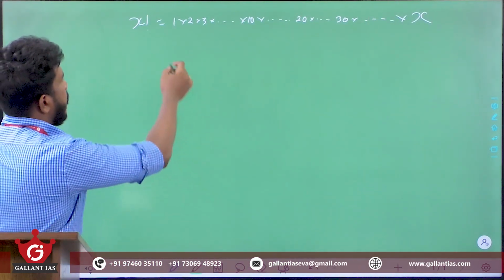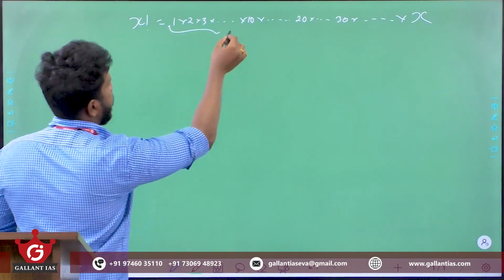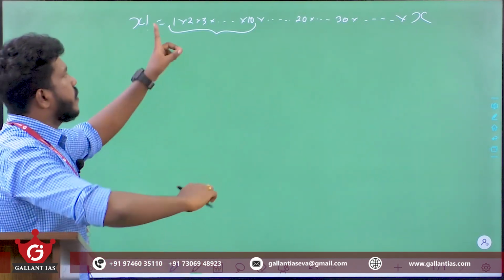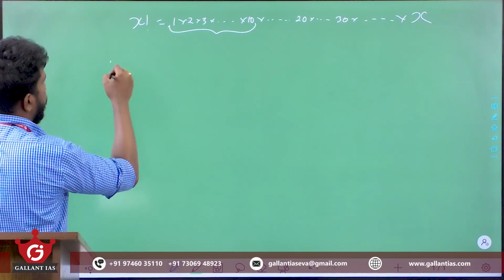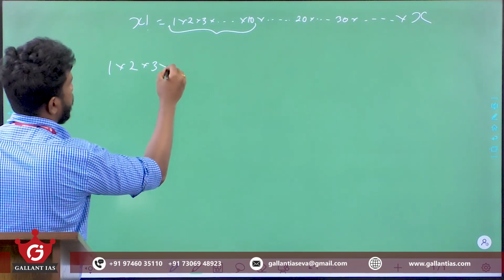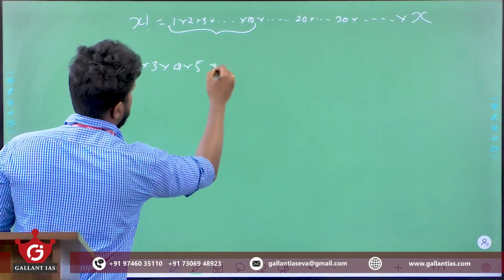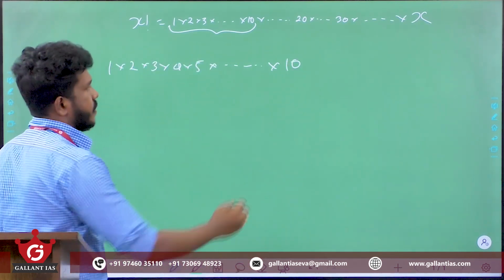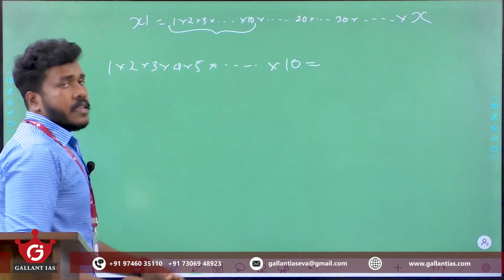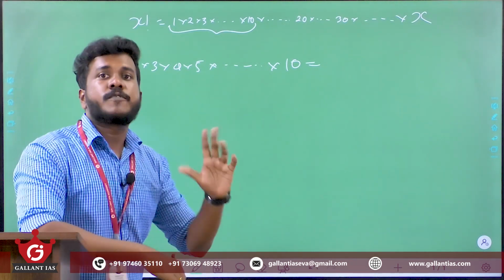First, I check how many zeros there are for 1 into 2 into etc. up to 10. Now look at how you take the pairs of 2's and 5's.